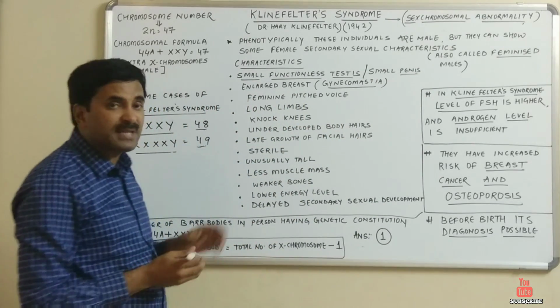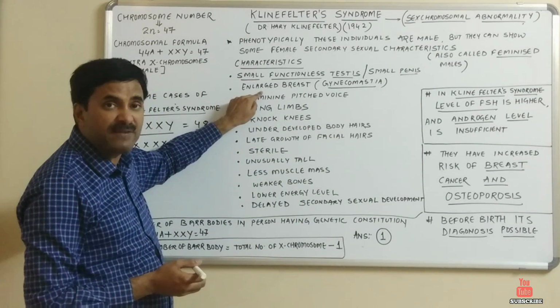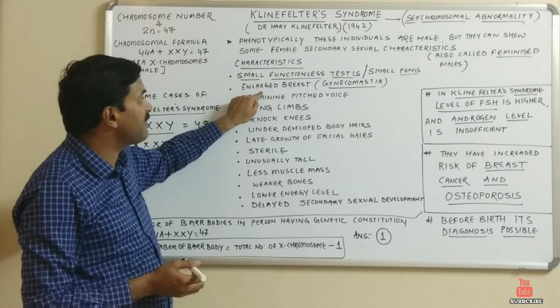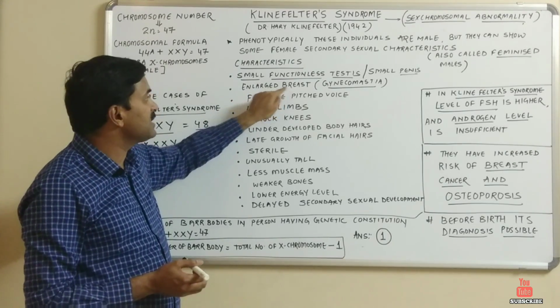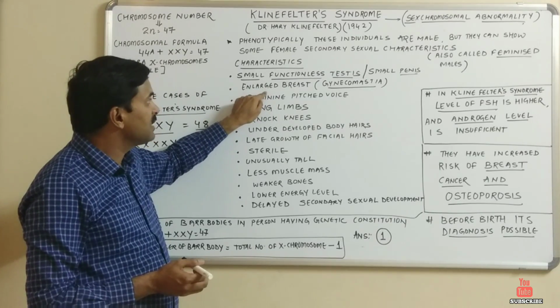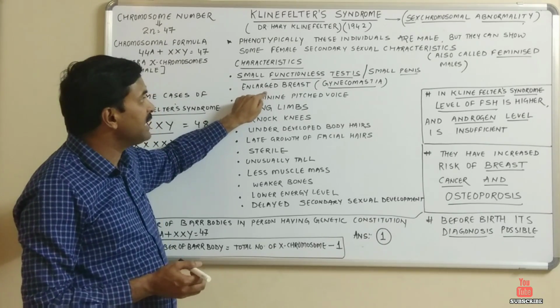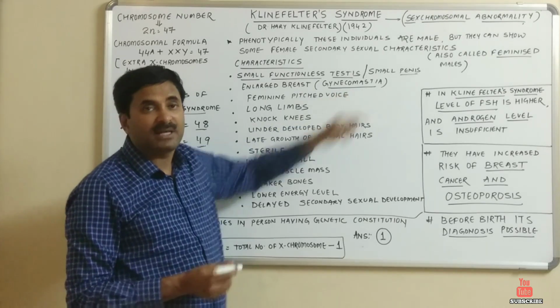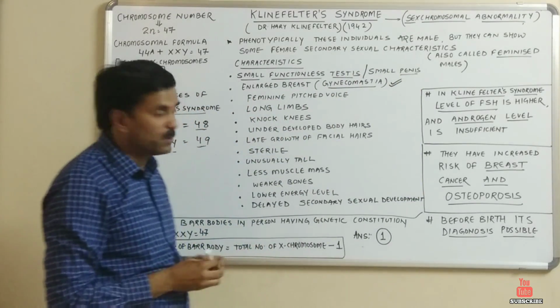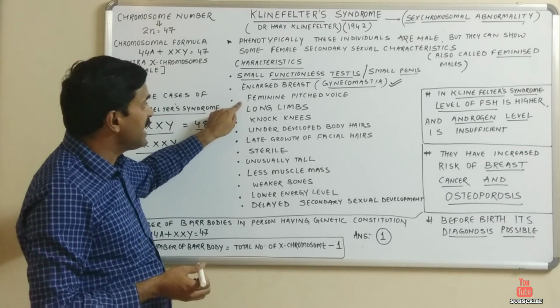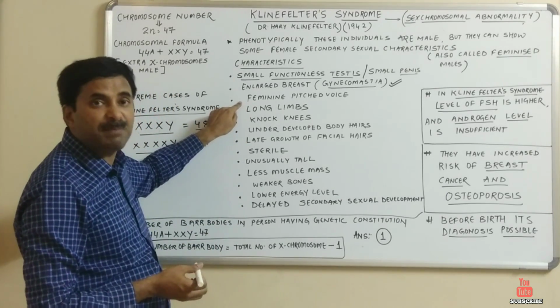The second very important feature of Klinefelter syndrome is that they have enlarged breasts just like females, and this development of the breast in the case of the male is called gynecomastia. It is a very important feature of Klinefelter syndrome. The third is that they have a feminine pitched voice.